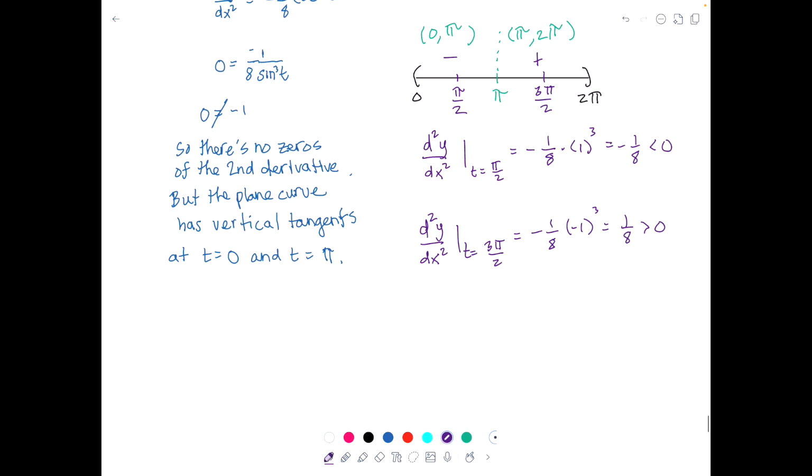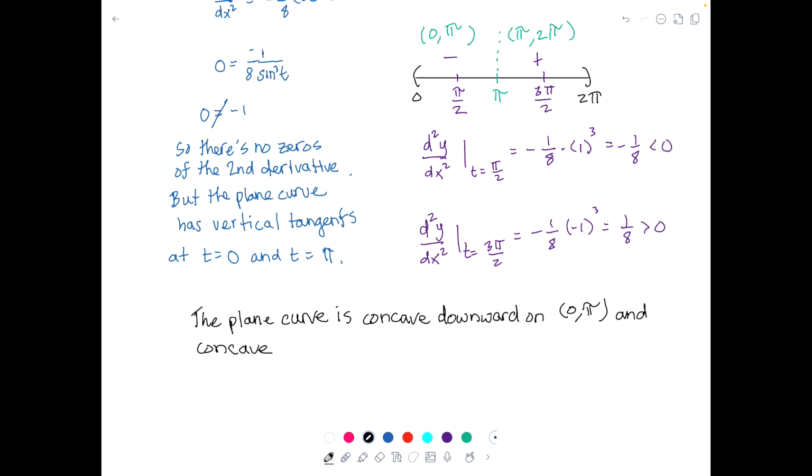So, in discussion of concavity, we can say the plane curve is concave downward on 0 to pi and concave upward on pi to 2 pi.